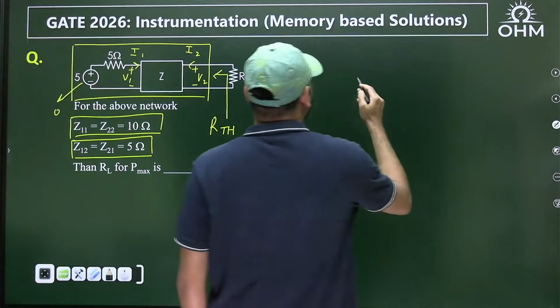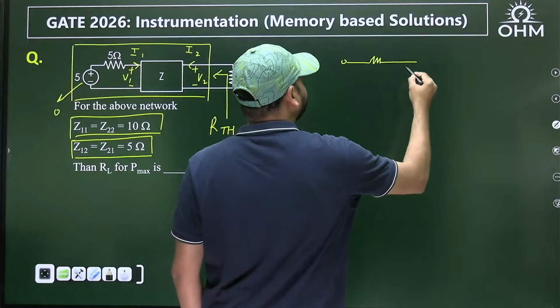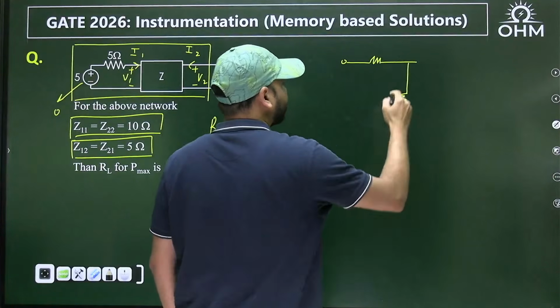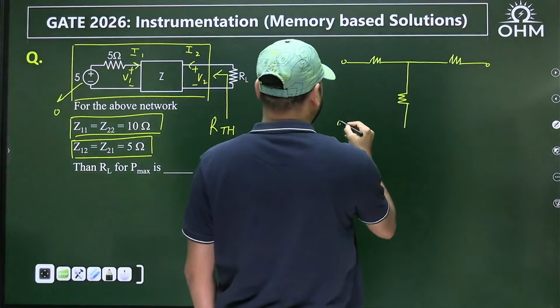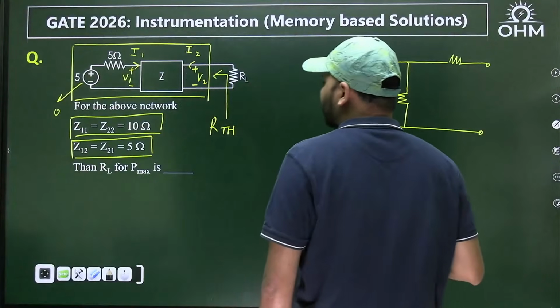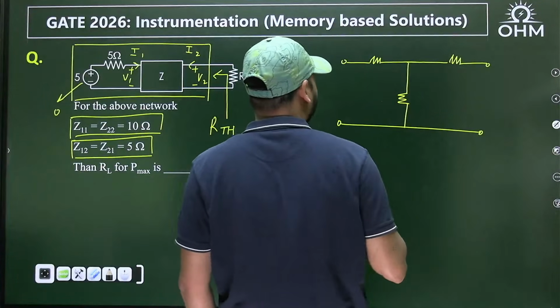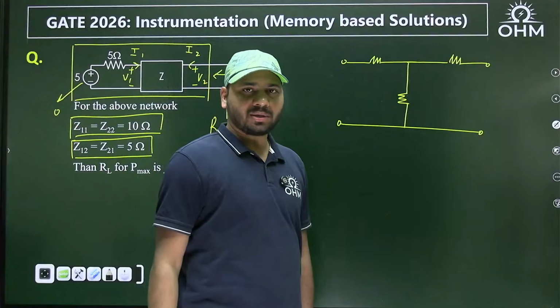I'll just draw a T-shaped network. So this is how you can model or represent the given two-port network with a resistive network.